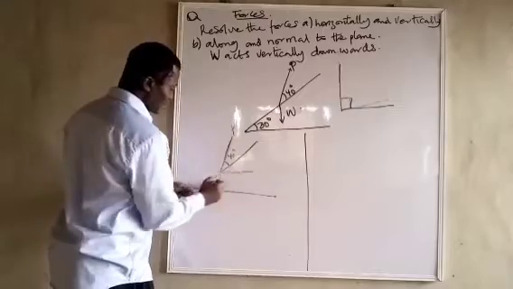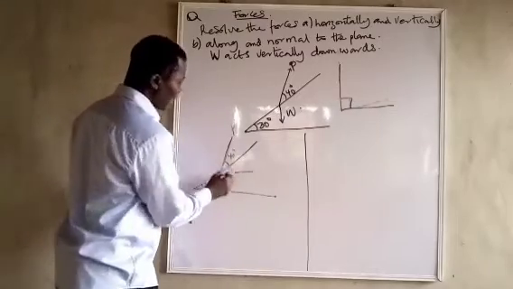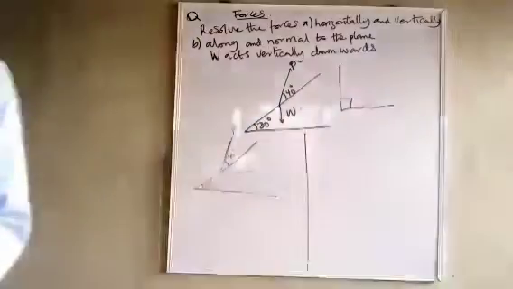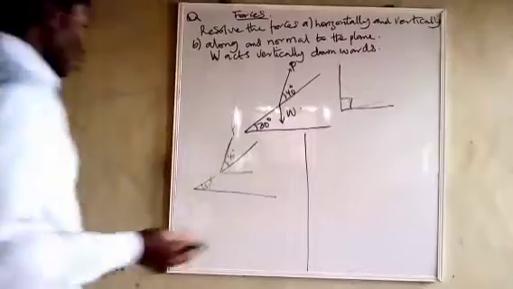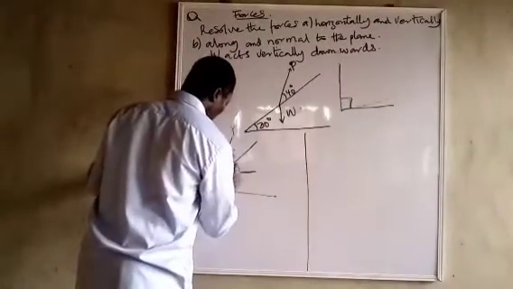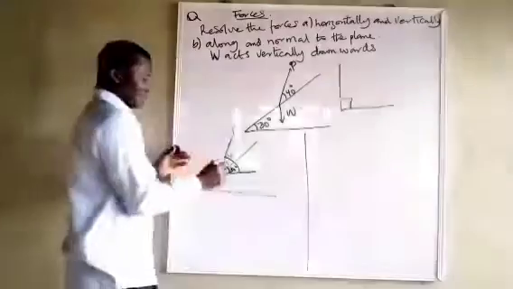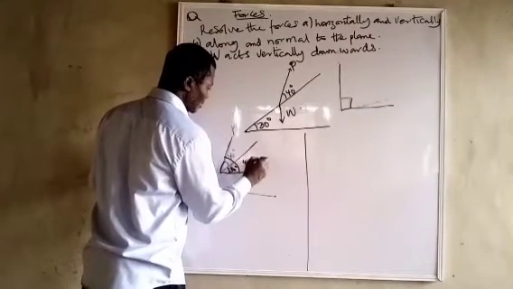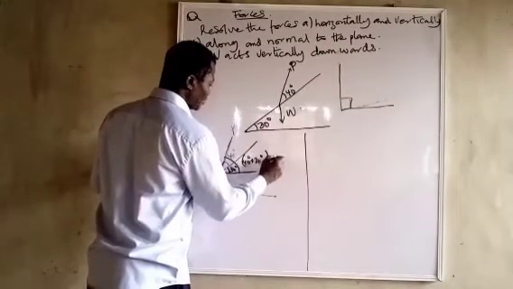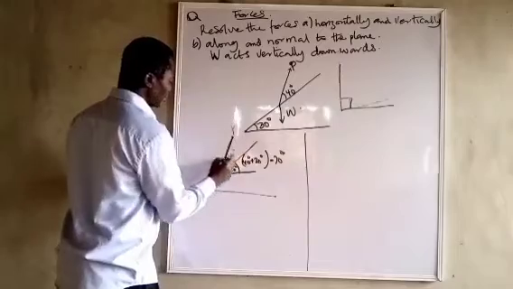You can see alternate angles are equal. So which means that apart from sustaining 40 degrees to the plane, it sustains a further 30 degrees to the horizontal. So the total angle is 40 plus 30 degrees, that is 70 degrees. So that is what P sustains.